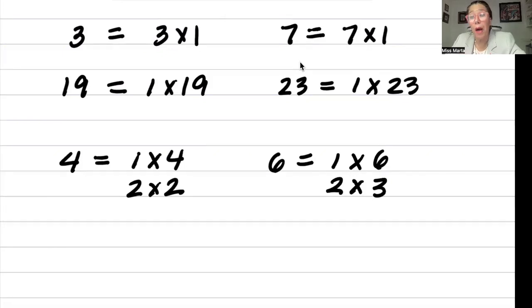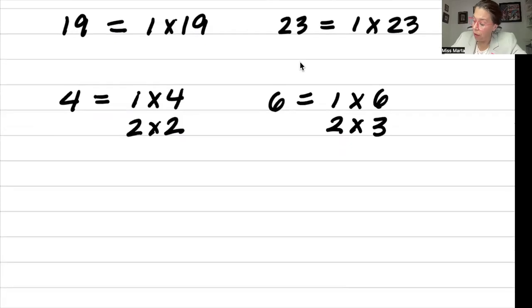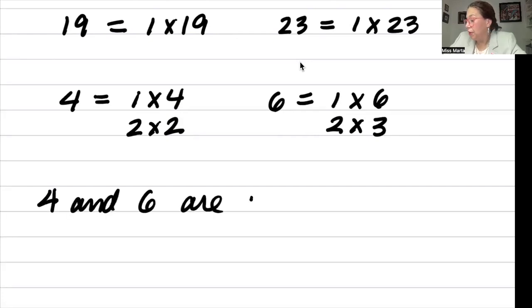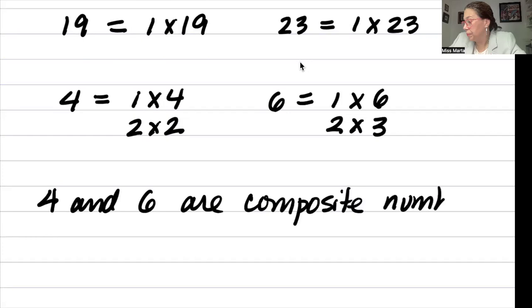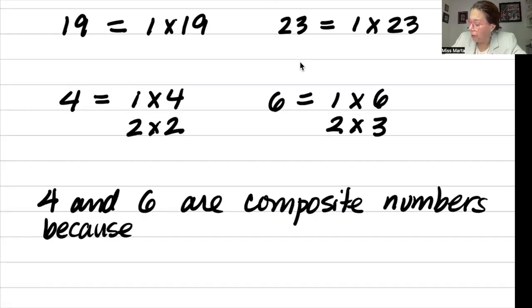They're called composite numbers. So 4 and 6 are composite numbers, because they have other factors.